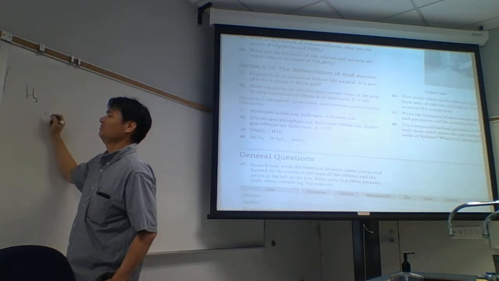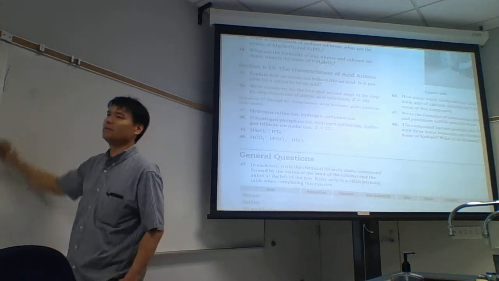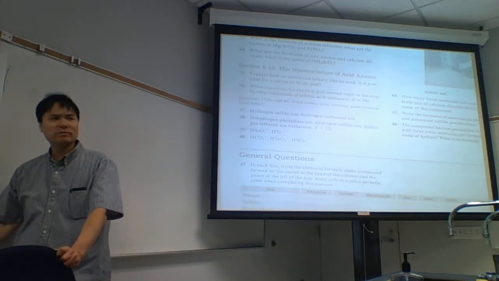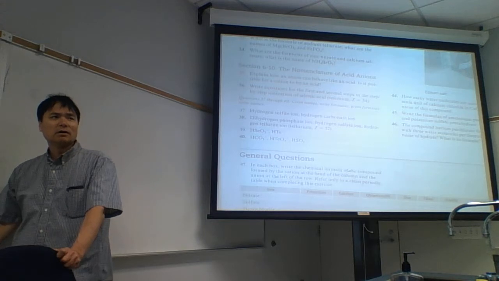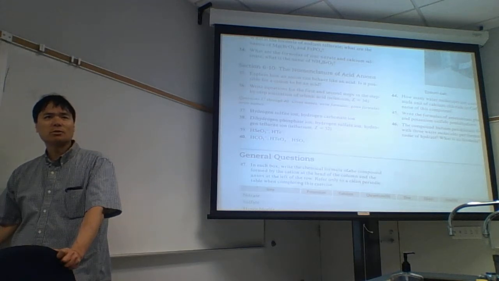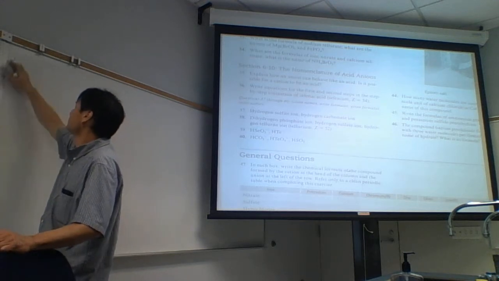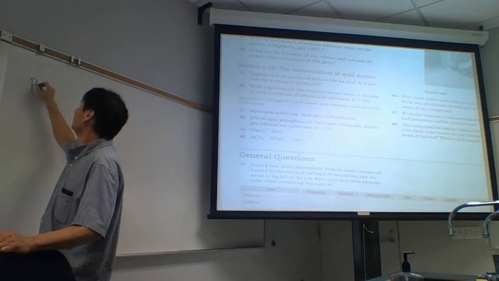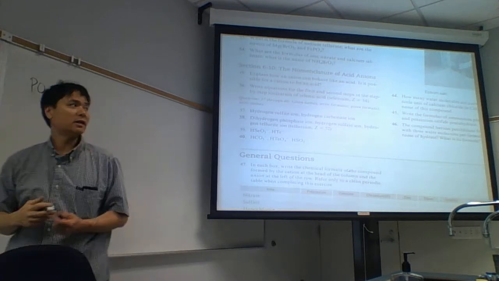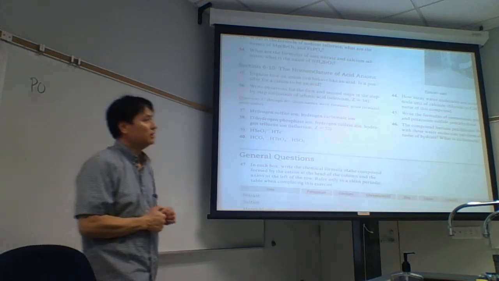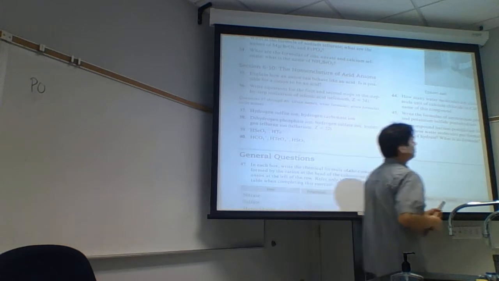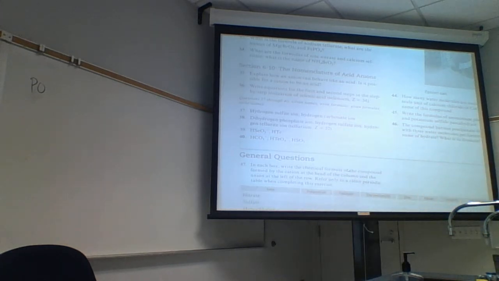Phosphoric acid, well, actually let's come up with a formula. Did we already come up with a formula for phosphoric acid? No? Okay. What's the anion? Phosphate. 4 oxygen or 3 oxygen? It's actually 4 oxygen, because the inner ones are all 4.